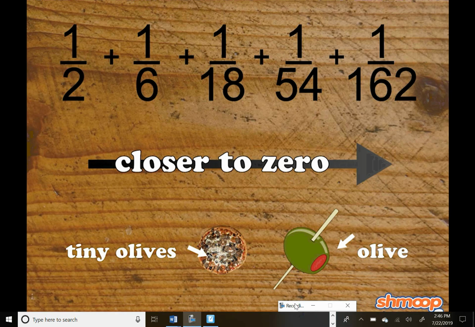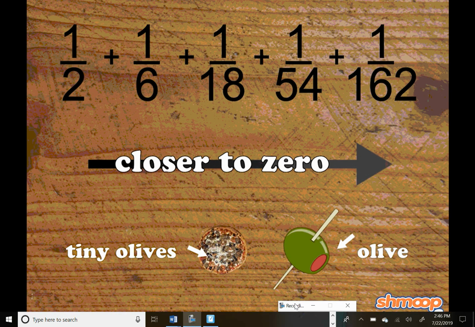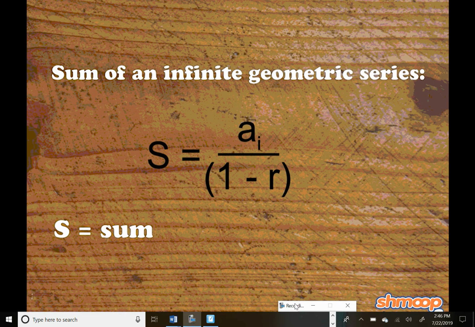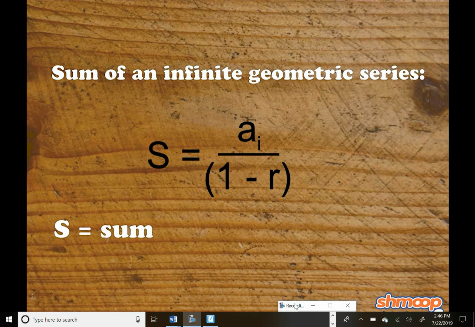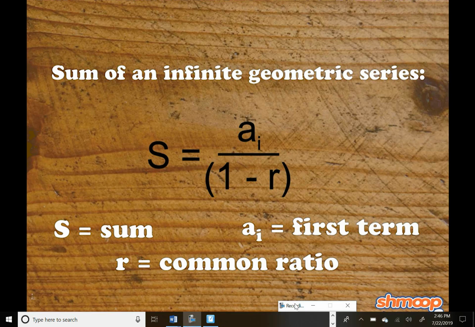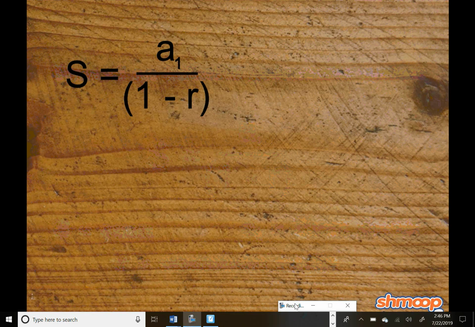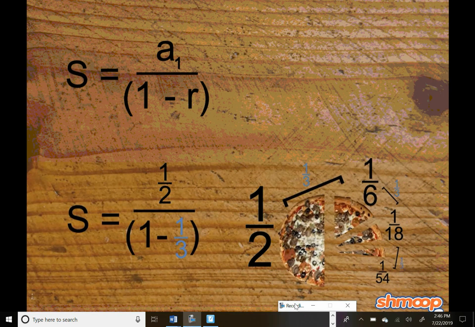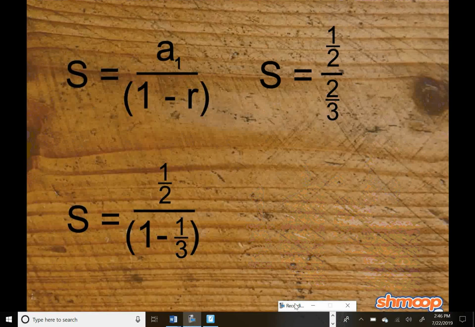Okay, so let's find that total for Pepe. The formula for the sum of an infinite geometric series equals the first term divided by the quantity 1 minus the common ratio. Let's see how this bakes out. Substituting our pizza values into the formula, we see that the sum will equal 1/2 divided by the quantity 1 minus 1/3. 1 minus 1/3 equals 2/3, so we're left with 1/2 divided by 2/3.